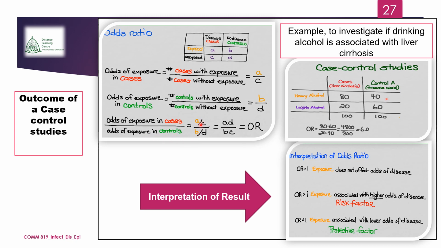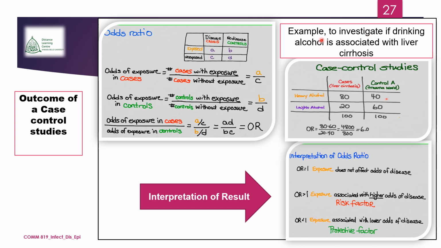This gives you A over C, all divided by B over D. If you cross multiply, you go back to AD over CB, which is our odds ratio.